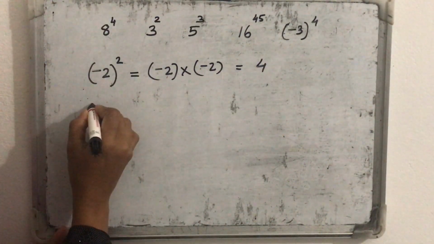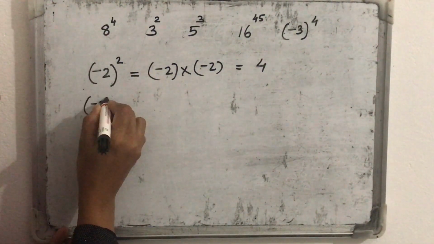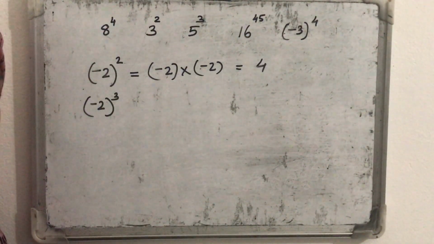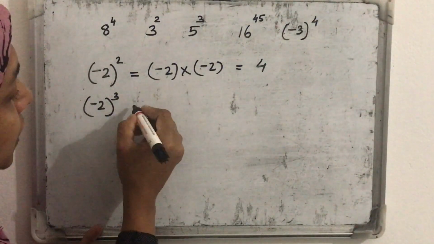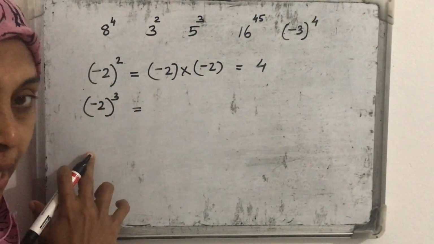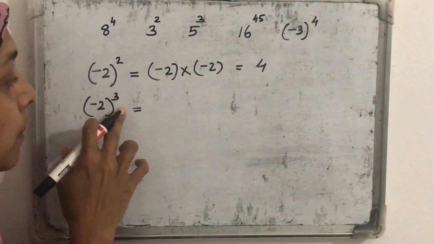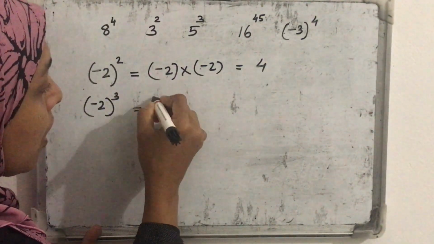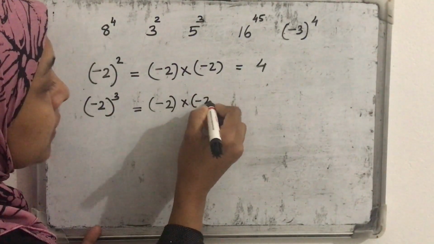Now if the same base minus 2, if we take the power as 3, then what will be its value? Here the same base and the power is 3. So we want to multiply minus 2 how many times? 3 times.